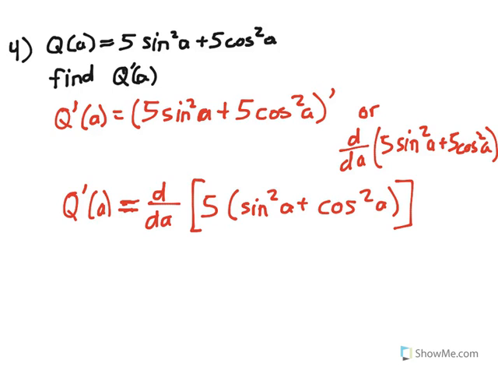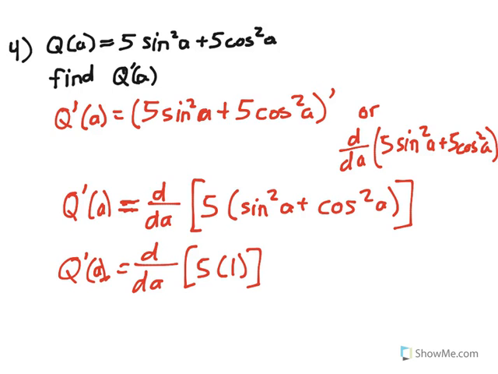Now, as you've probably noticed already, sine squared plus cosine squared is 1. So effectively what this really is, q prime of a is equal to the derivative with respect to a of 5 times 1. 5 times 1, I sure hope you can do that.